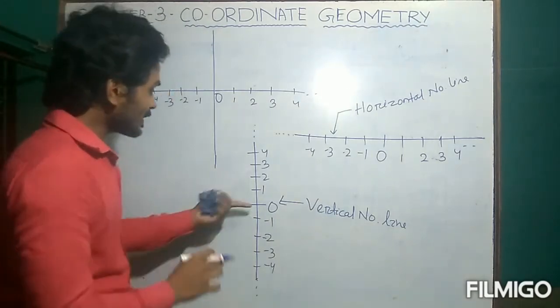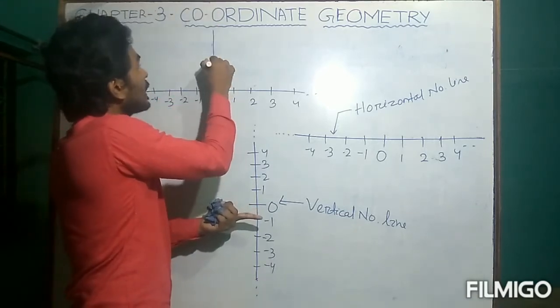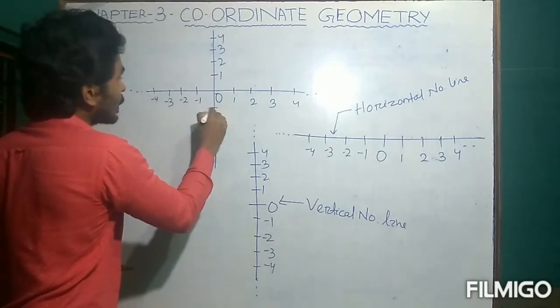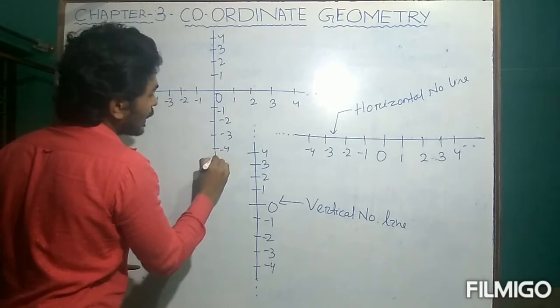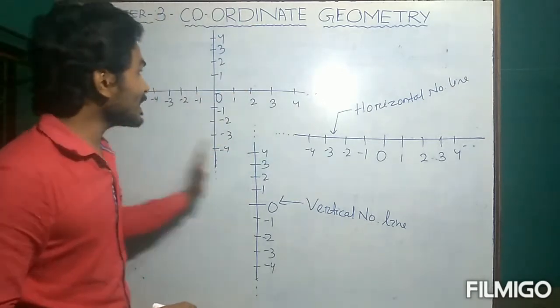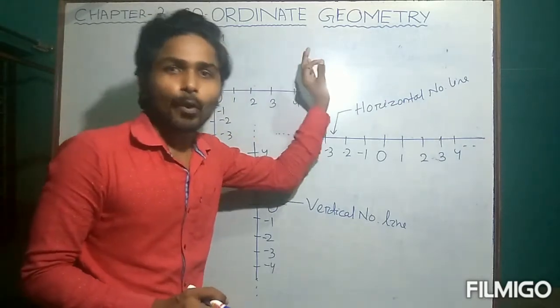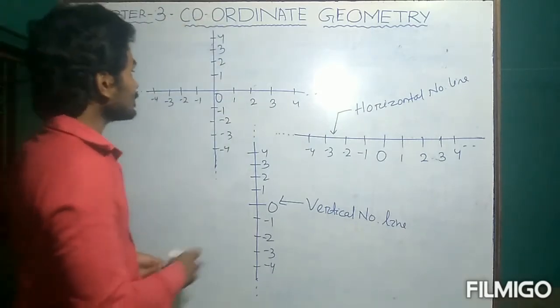And towards the top you have 1, 2, 3, 4 and so on, and towards the bottom -1, -2, -3, -4 and so on. So this is the basic structure in which we can represent a point. This deals with a plane.